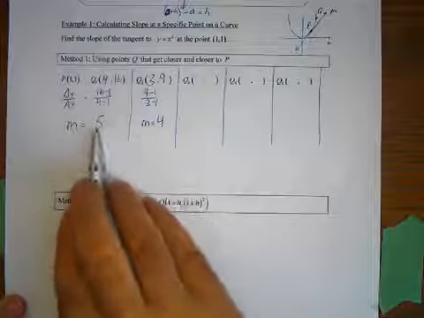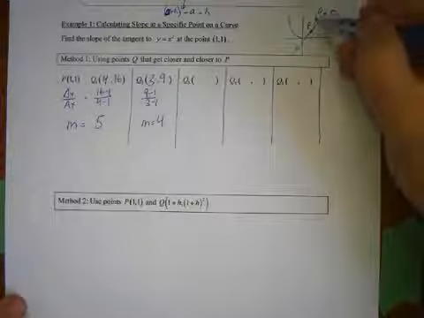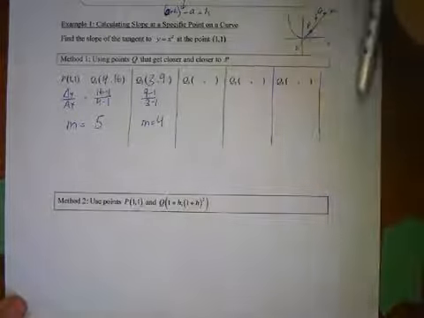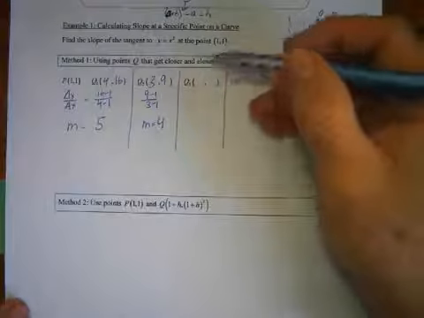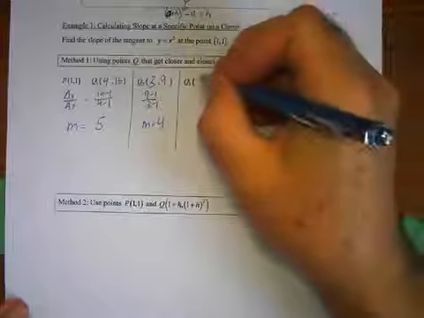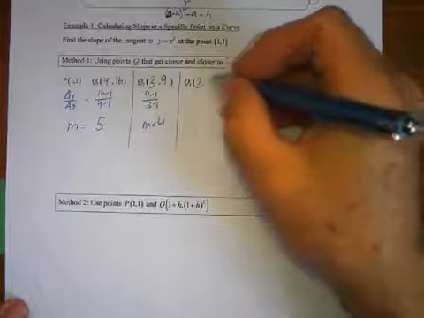It went from 5 to 4, and that makes sense, because as I get closer, the slope will get lower. Let's try Q being 2. The x value for Q3 is 2, and 2 squared is 4, so that's the point Q3.